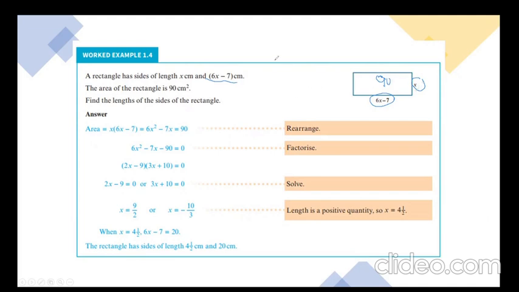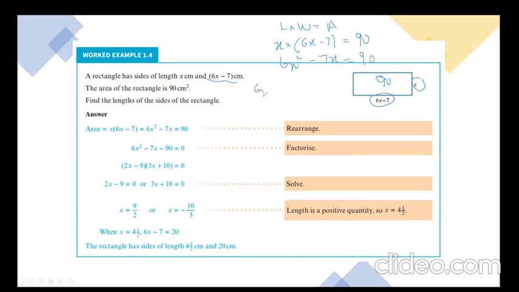As we know, length into width equals area in the case of a rectangle. So x multiplied by 6x minus 7 equals 90. Multiplying this x, it must be 6x square minus 7x equals 90.